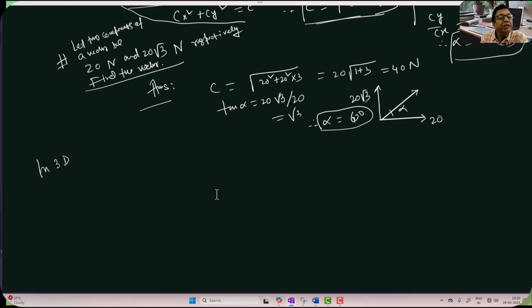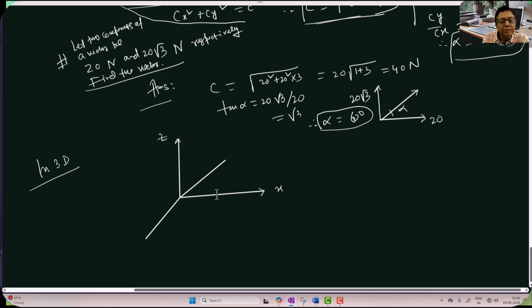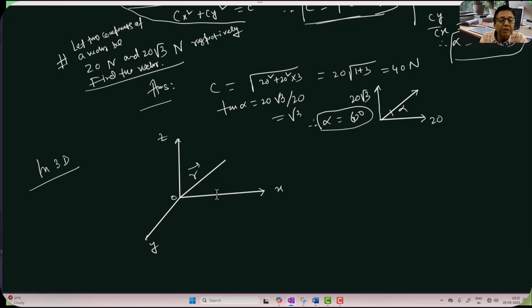Now in 3D what will happen? In 3D, a vector is there, coordinate axis x, this one taking z, three mutually perpendicular axes always there, and this is the vector r.